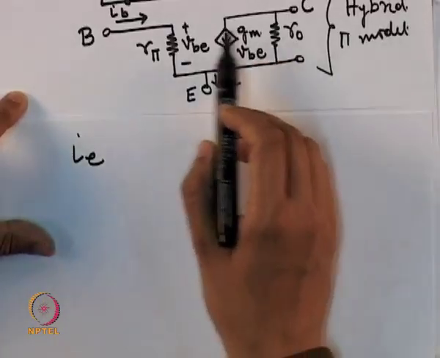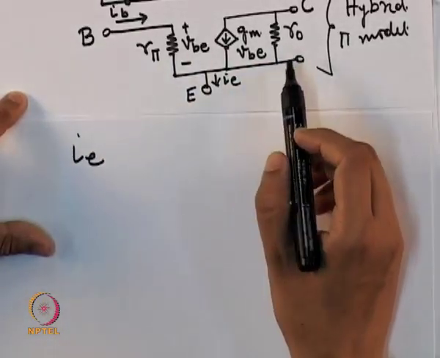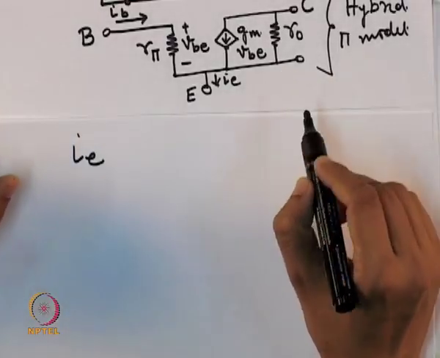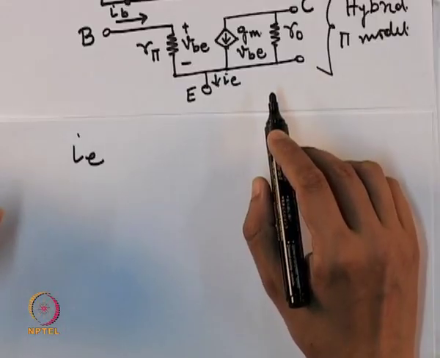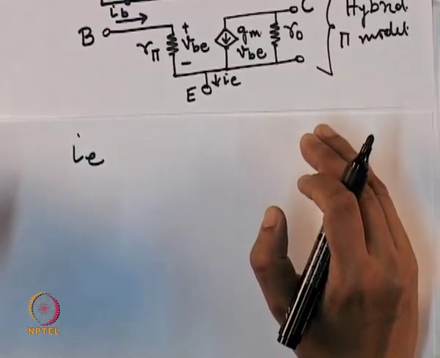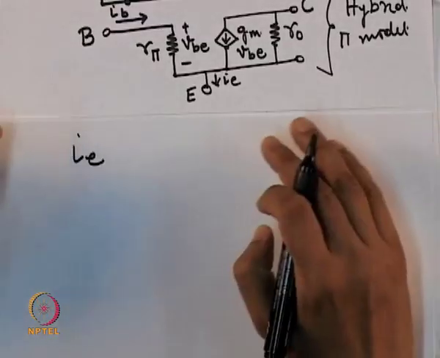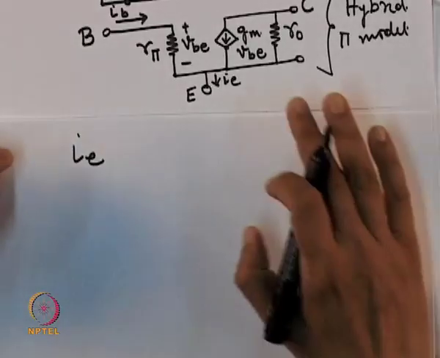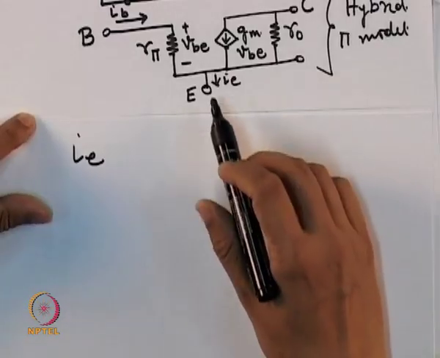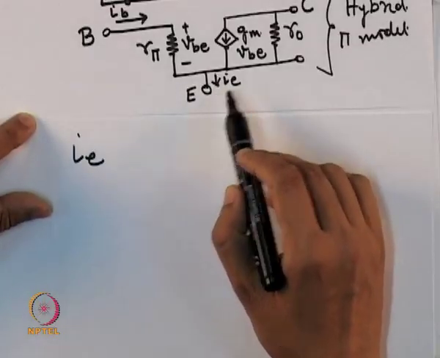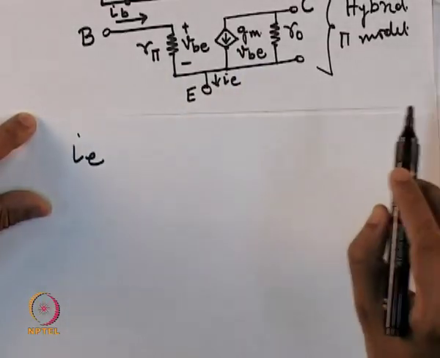And note also that this hybrid pi model or any other AC model of a BJT will always exclude the DC sources, because since we have linearized our circuit, we assume that the final response of this circuit will be a combination of the DC and AC currents and voltages at the various nodes.